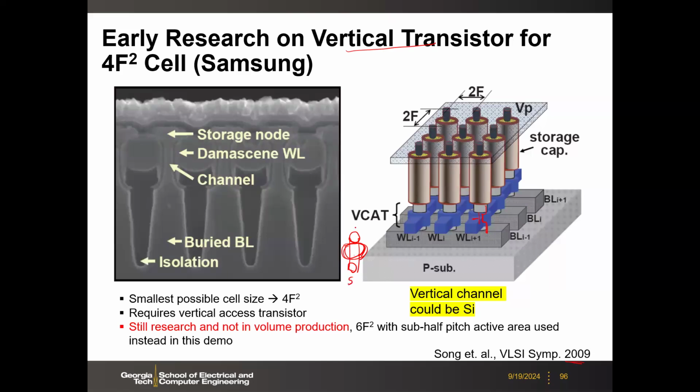Your source drain is vertical, the channel is vertical. Then you can attach this directly to the capacitor. The drain is attached to the capacitor, which is standing up directly. So overall, you will only have the 2F by 2F spacing.